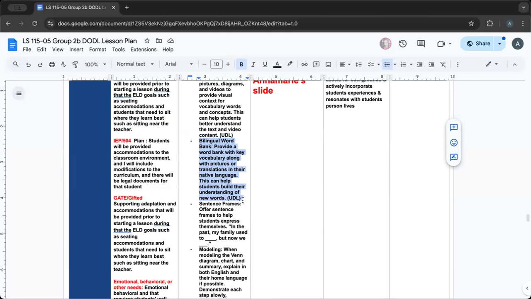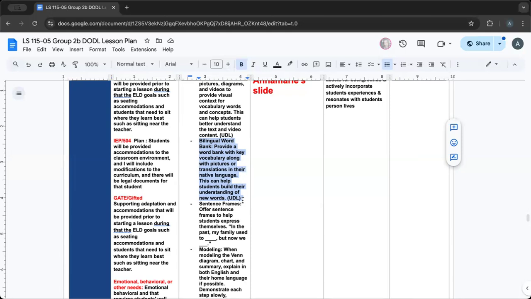So I thought it was nice to have a word bank for students who are English learners, and not only for Spanish, but for any language that our students speak mainly at home, so that they can compare what their language word says versus the translation in English.